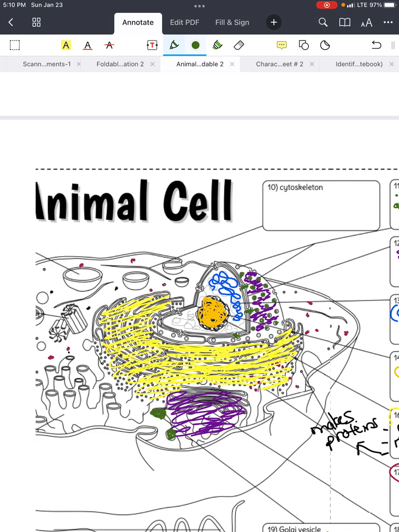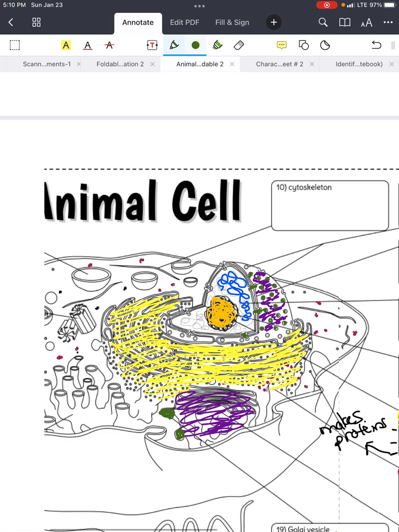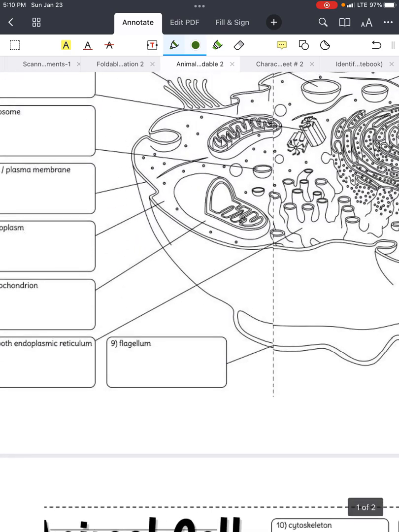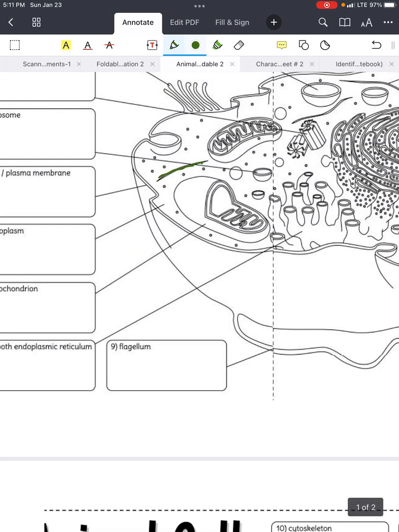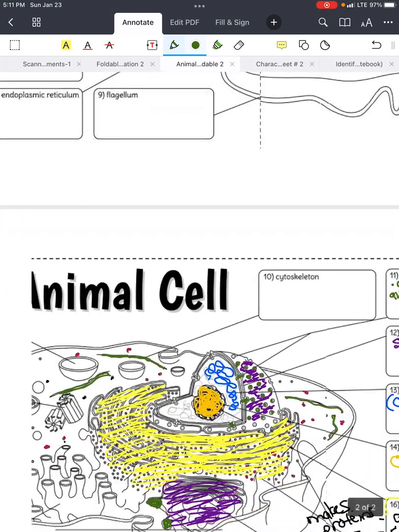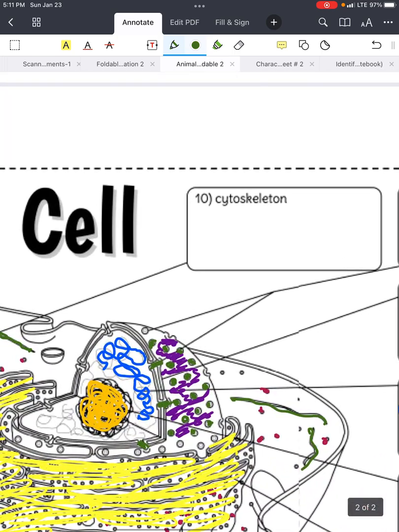Now, I can't remember, I think fourth block, I wasn't sure if we got to the cytoskeleton. So let me just talk about that. The cytoskeleton are these objects right here. There's one there, there's one here, there's one there. I think there's some up here. There's one here. And so on. So the cytoskeleton gives support to the cell, kind of like a skeleton. And there's three types here.